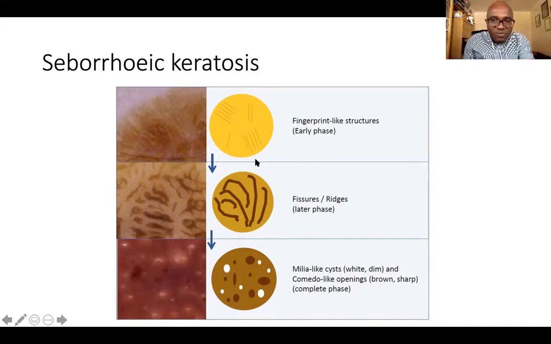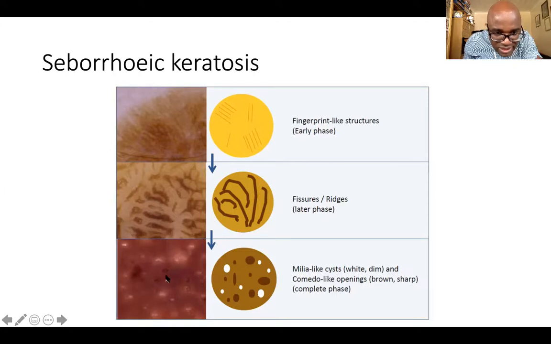It's got finger-like projections, it's got fissures and ridges, it's got comedone-like openings, which are these brown, sharply demarcated areas there, and the milia-like cysts are the white areas there. So you see the milia-like cyst is what I am pointing to on the dermoscopy here.